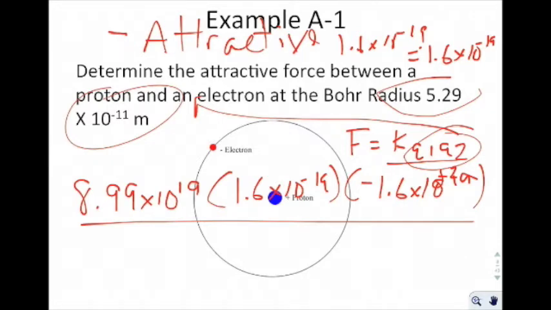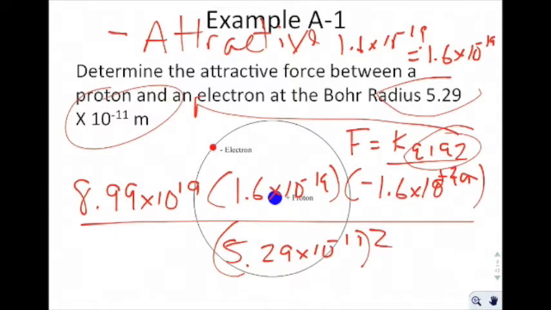Okay, then we would divide this by the radius, which is 5.29 times 10 to the minus 11th, squared. So we plug it into our calculator, 8.99, and then you'd use your E button, 9, times 1.6, E negative 19, and then enter, and do it again, and then divide by 5.29, E minus 11.